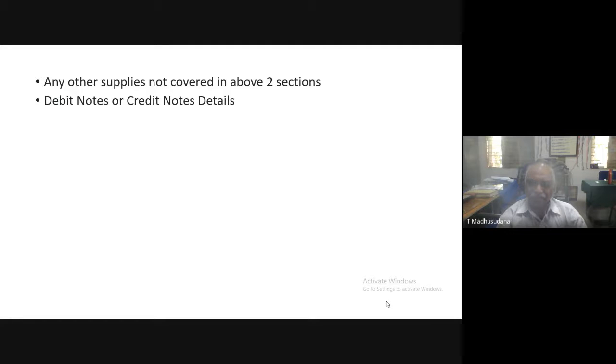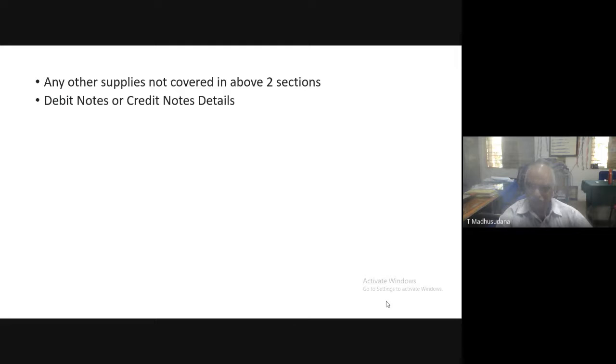Debit notes and credit notes details. While returning goods to the supplier, or while getting returns from the customer, we prepare debit notes and credit notes. Debit note, credit note means the notes prepared at the time of returns. So if you receive sales returns from the customer, then you will prepare debit notes.